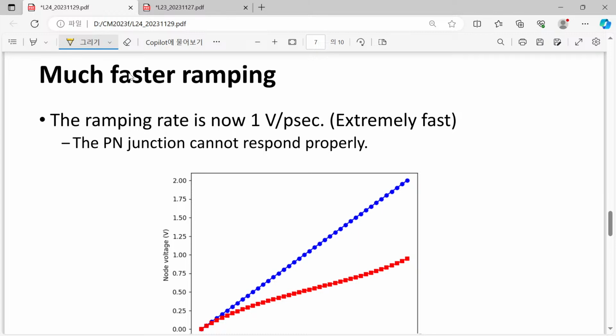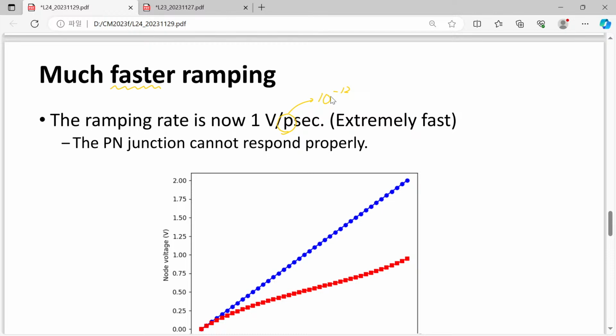Now we have much faster ramping, and the ramping rate is, instead of 1 volt per second, now 1 volt per picosecond. Picosecond is 10 to the minus 12 second. So I just increased the ramping rate by 12 orders of magnitude.